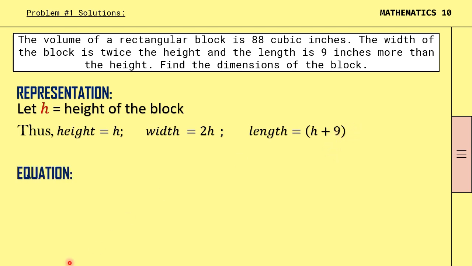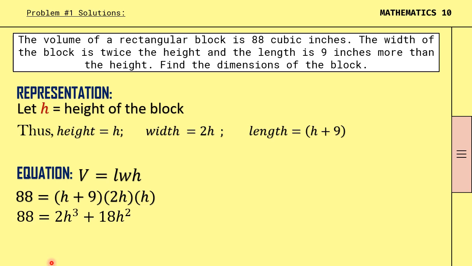Now let's proceed with our equation. Our equation for volume is length times width times height for a rectangular block. Substituting our given representation in our formula, we have the given volume is 88, and for our length, width, and height, we have h plus 9 multiplied with 2h and with h.